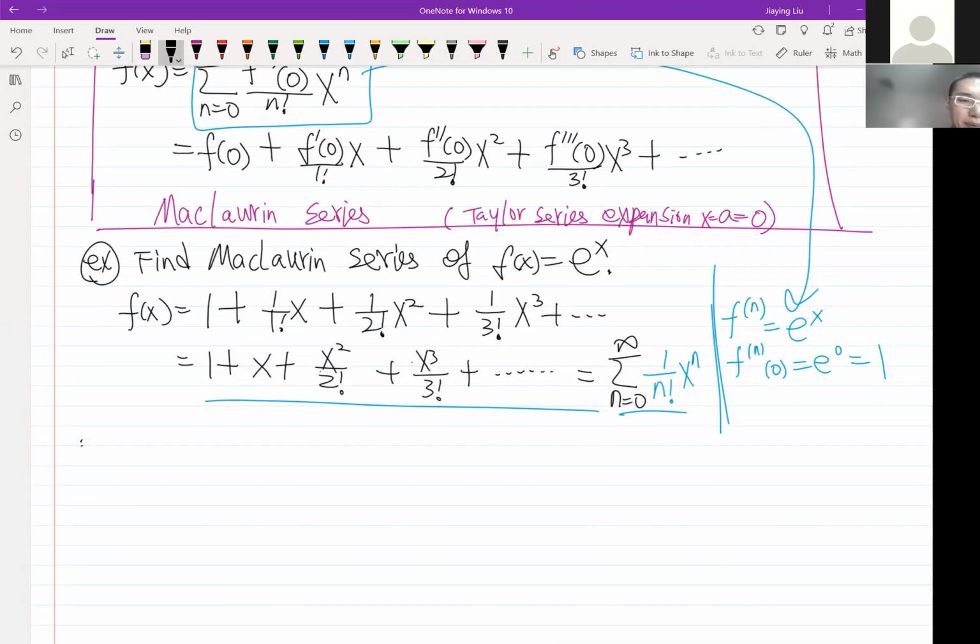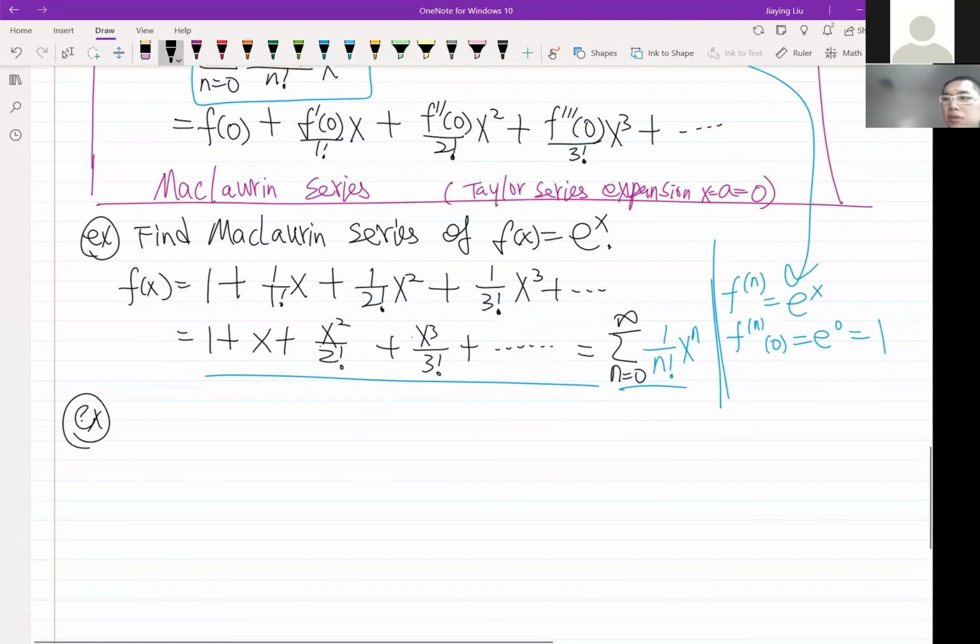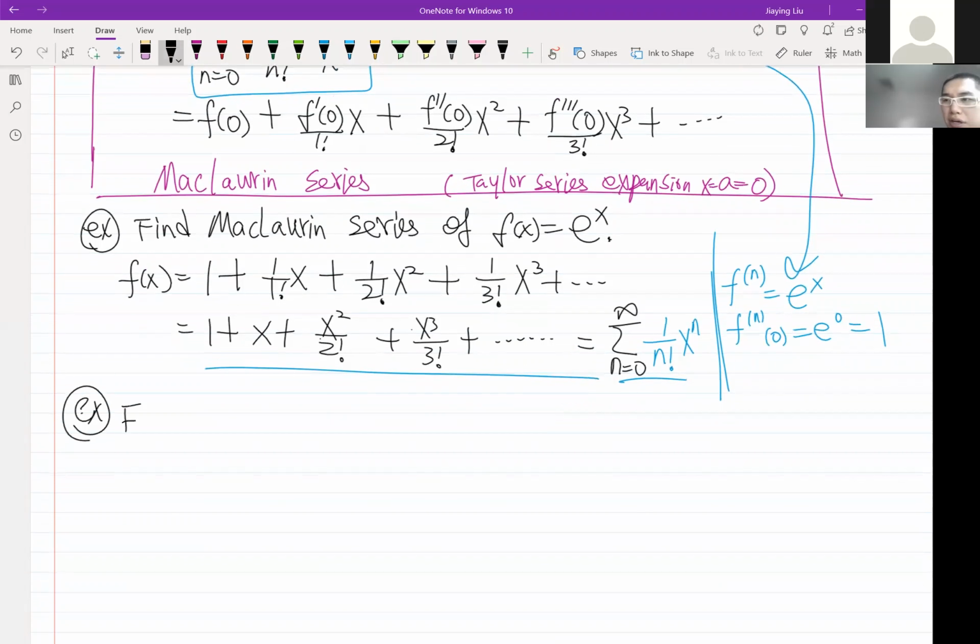So here's another example. Oh, before I talk about another example, this is the expansion of f of x equals e to the x, right?